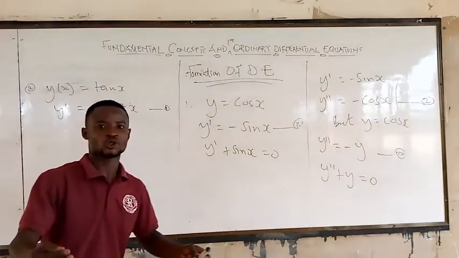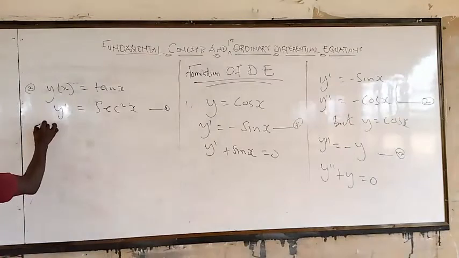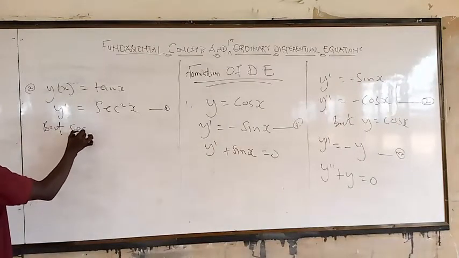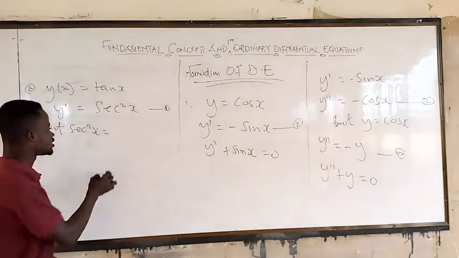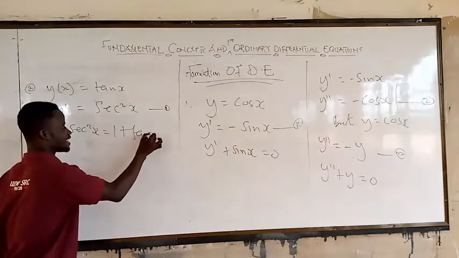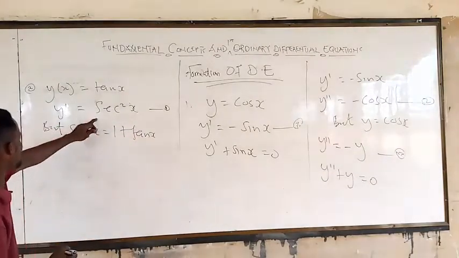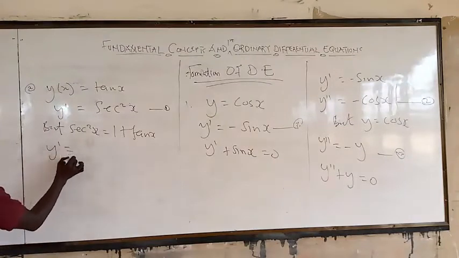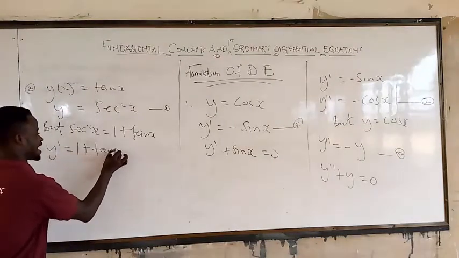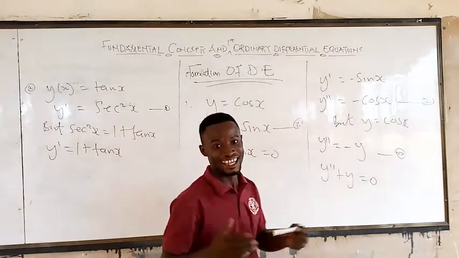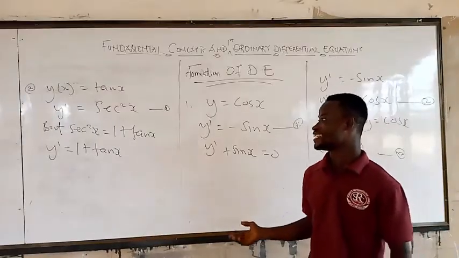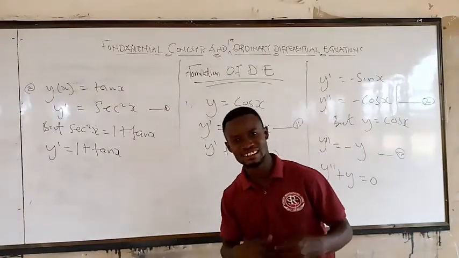But somebody can also choose to say that sec squared x is equal to what? 1 plus tan squared x. And for that matter, y prime is equal to 1 plus tan squared x. It's also a differential equation, just that it's not the same thing, but it is in the same form.